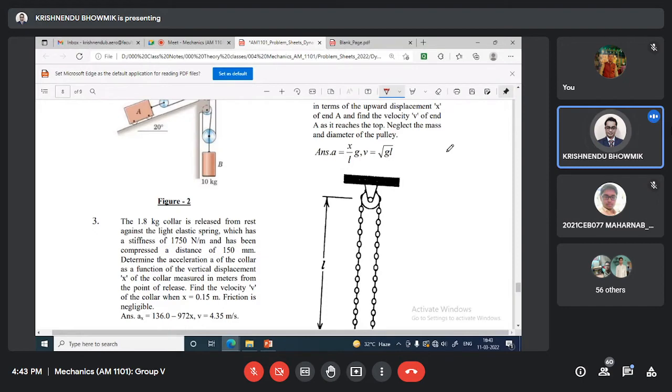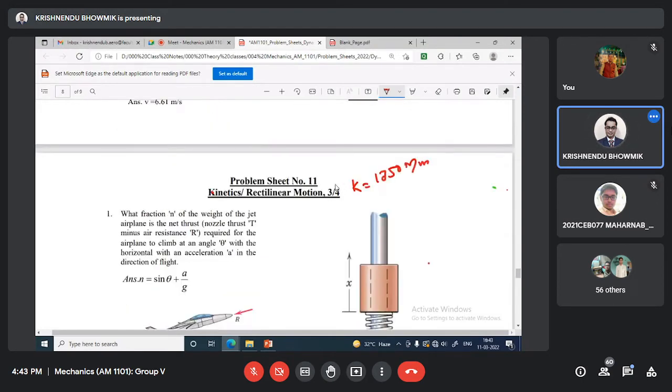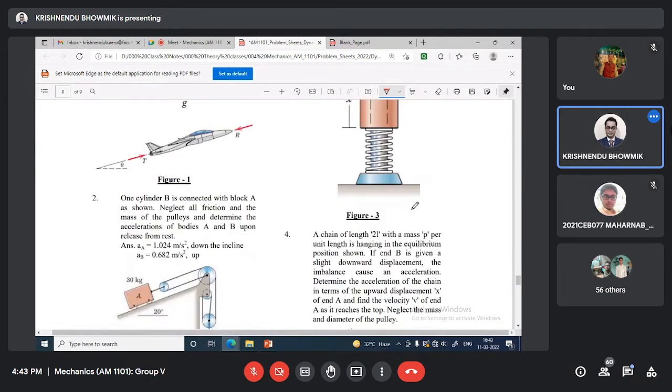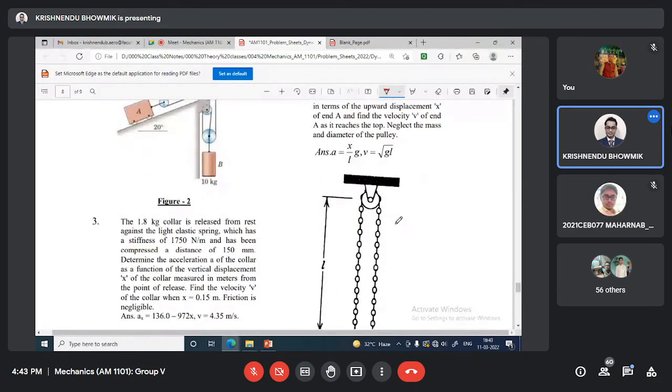Let me write m equal to 1.8 kg. This is the collar. It is released from rest against the light elastic spring, which has this stiffness and has been compressed a distance of 150 mm. So at a distance 150 mm compression, it has been released.